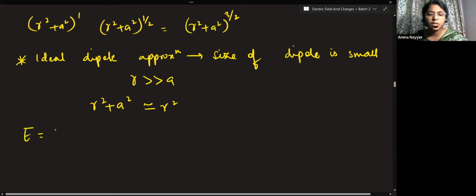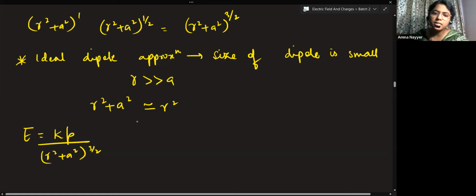So the formula was Kp divided by R square plus A square to the power 3 by 2. Now instead of R square plus A square, let me just write R square. This becomes Kp divided by R square to the power 3 by 2.